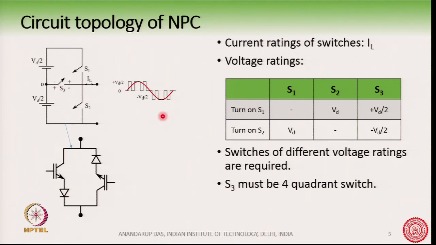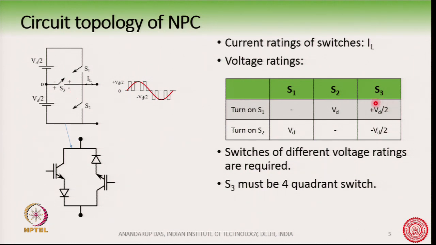So, which means that this S3 has a voltage rating of half of S1 and S2. However, it must block bidirectional voltage. It should have the capability to block bidirectional voltage, as we have just explained.